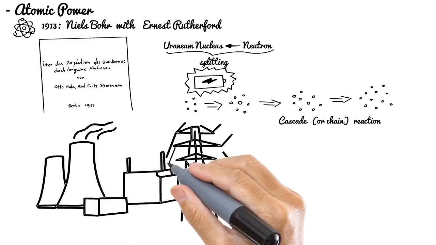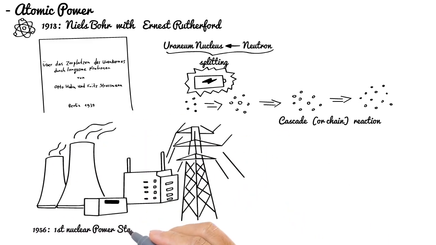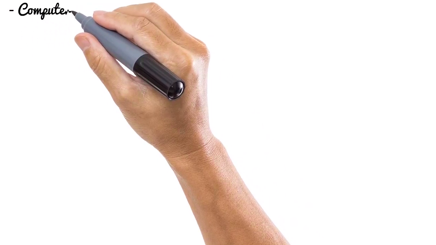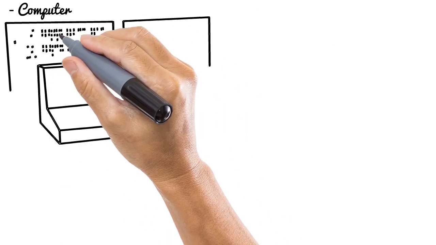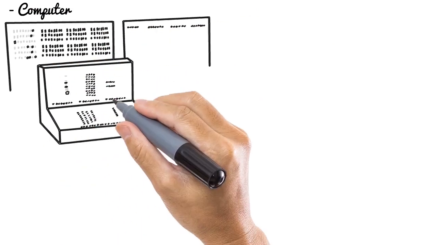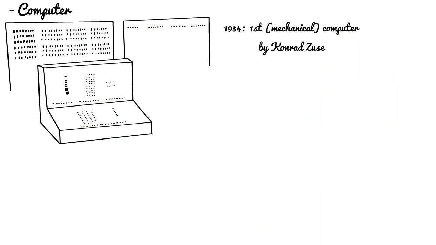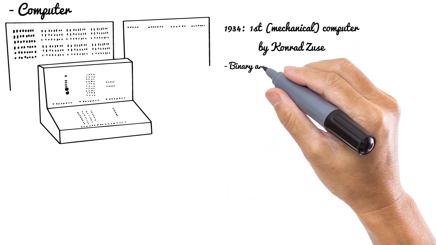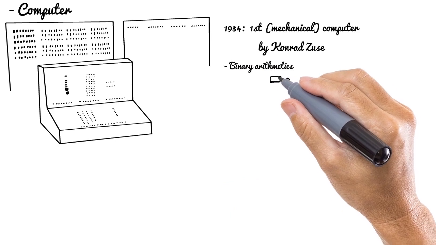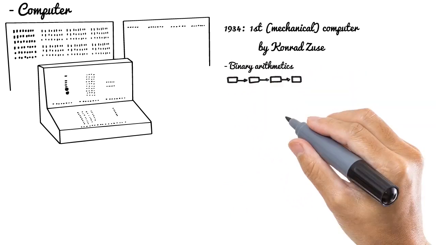In 1956, the first nuclear power station at Calder Hall, Britain, began to provide electric power to the public. Moving next. The origins of the modern computer. Konrad Zuse made his first purely mechanical computer in 1934. Zuse used binary arithmetic and made it possible to store a step-by-step program.